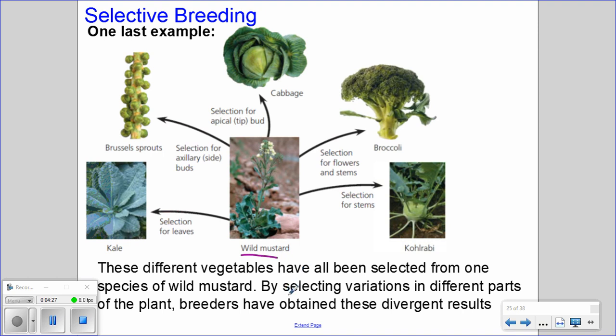By selecting variations in different parts of the plants, breeders have obtained these very divergent results. Broccoli was obtained by selecting for the stems, cabbage and Brussels sprouts by selecting for the buds, and kale by selecting for the leaves of the plants.